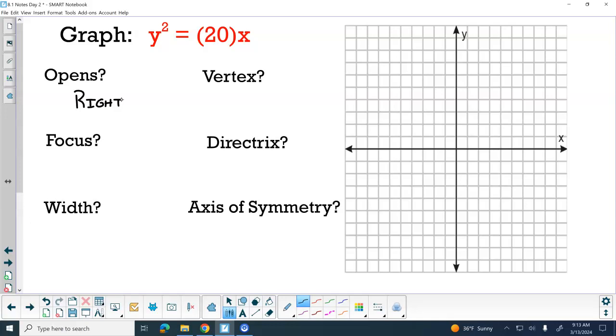What's the number that comes in parentheses with the y? 0. So where's my vertex? 0, comma 0. So I like to put that on the graph, and since it's opening right, I'm going to put a little V in the upper left-hand corner of it to signify that is my vertex.